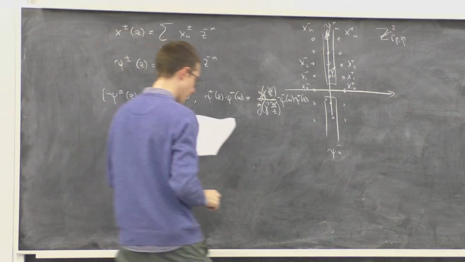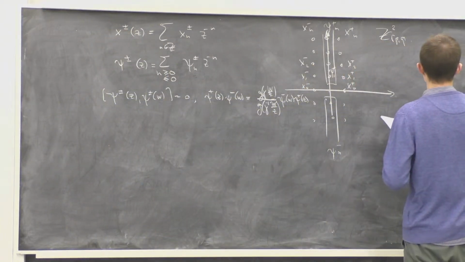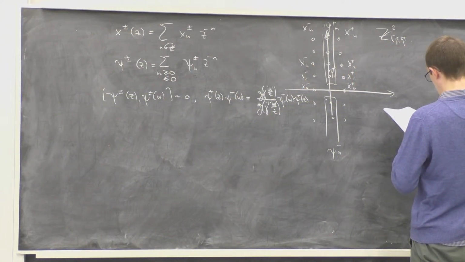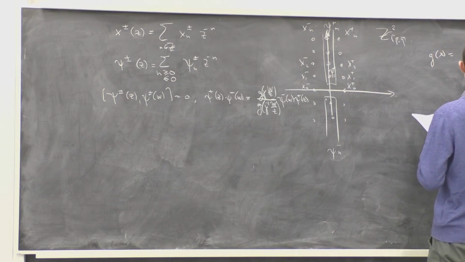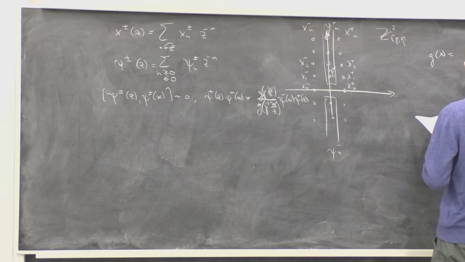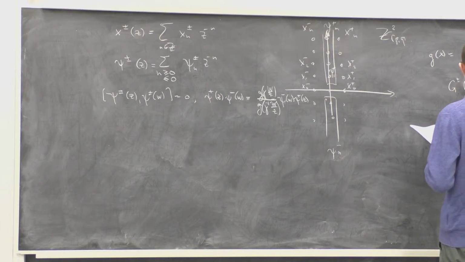Where G is a function, G(x) is a ratio of two other functions, and g plus minus is the following third degree polynomial.